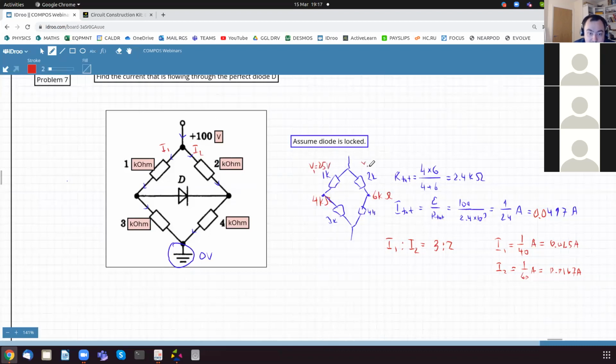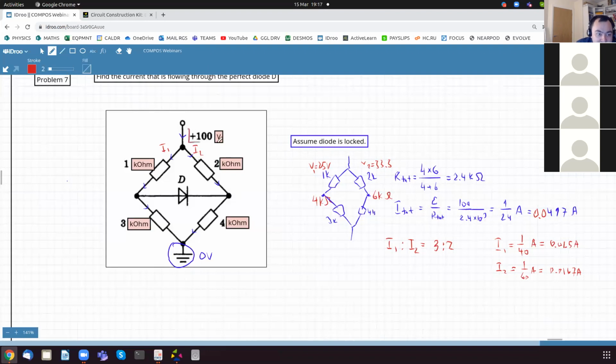And V2 is 2000 times 1/60th. 1/60th is 33.3. 33.3. So what's going on?